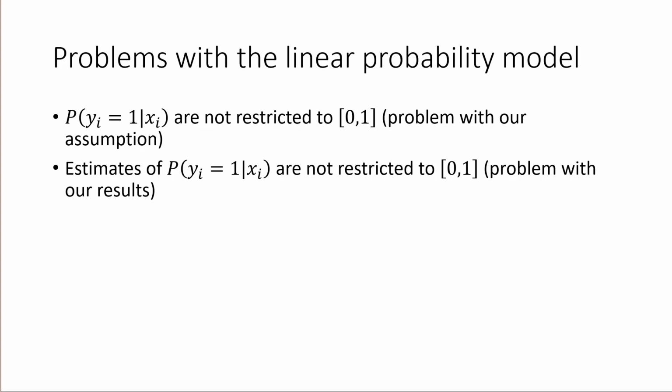Now this is typically completely unrealistic if the dependent variable is a dummy variable. If you think about the example of students passing or failing the exam, then a constant marginal effect would be the same as saying that one additional hour of studies will increase the probability of passing the exam by the same amount no matter how much you have studied. And that is unrealistic.